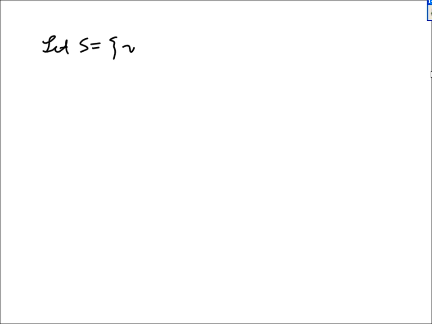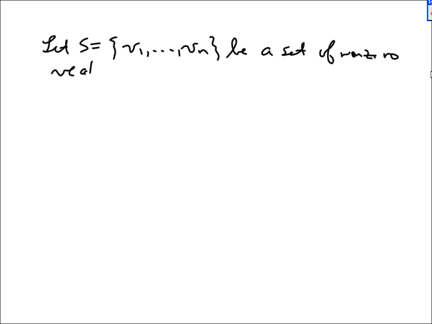Let S equal a set of vectors V1 through Vn, which are a set of non-zero vectors in a vector space V, such that every vector in V can be written in one and only one way as a linear combination of the vectors in S.